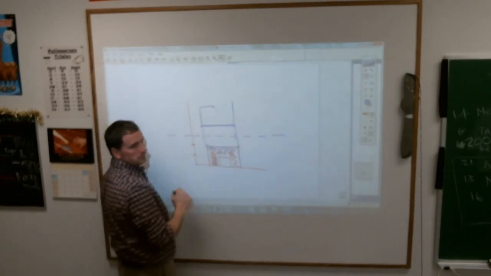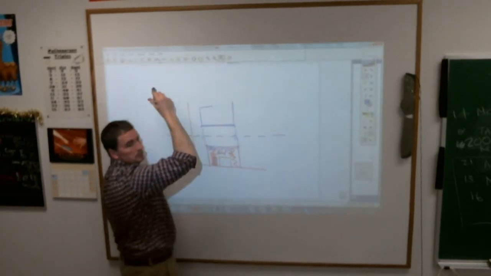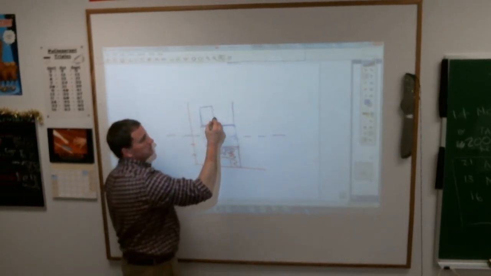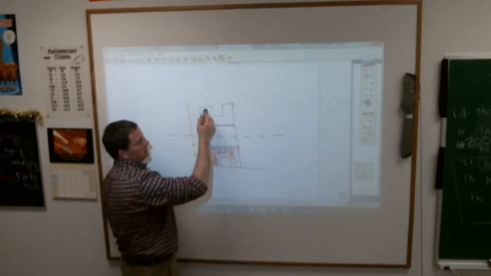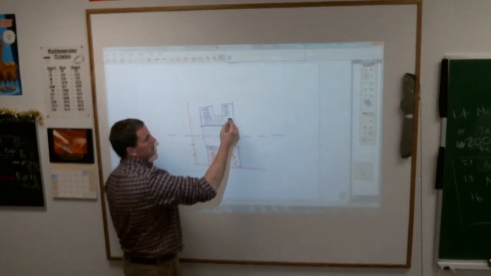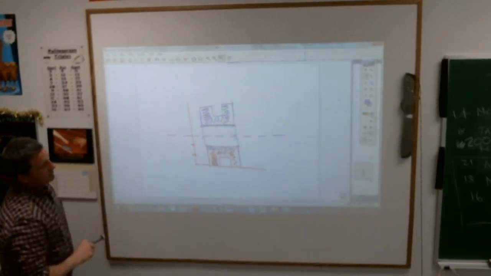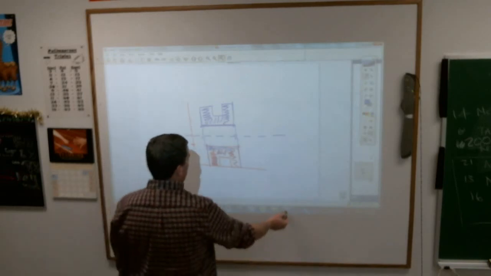Over 1, and then down. And then down 1, over 1, up 1, down 1. So this shape is a reflection. Sometimes reflections are a little tougher to tell, but that's perfect.